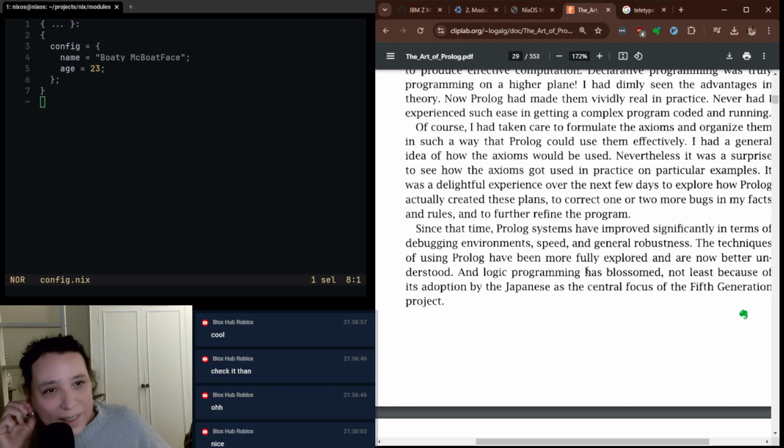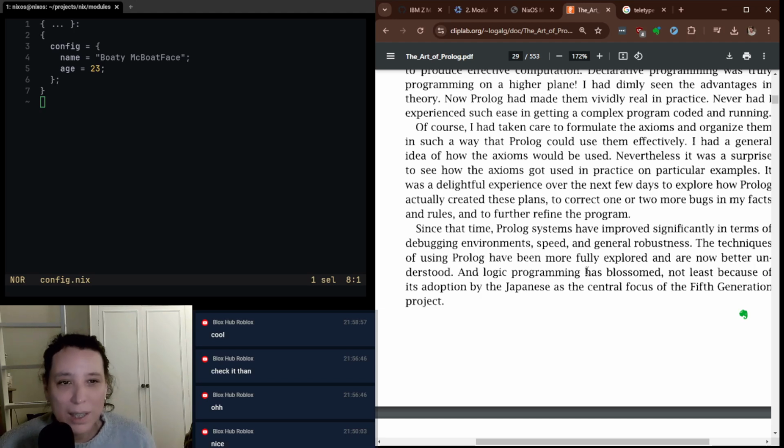Of course, I had taken care to formulate the axioms and organize them in such a way that Prolog could use them effectively. I had a general idea of how the axioms would be used. Nevertheless, it was a surprise to see how the axioms got used in practice on particular examples. It was a delightful experience over the next few days to explore how Prolog actually created these plans, to correct one or two more bugs in my facts and rules, and to further refine the program.